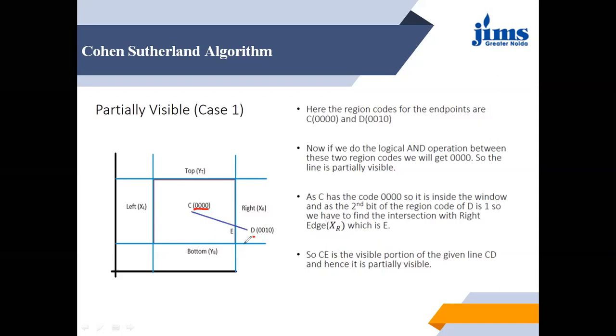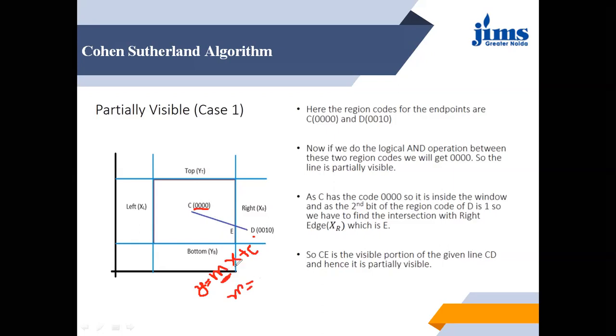by using the general equation of a line, that is y equals mx plus c. As I know both the coordinates in the starting, that is the values of C and D, by using these values I can find out the value of m, that is m equals y2 minus y1 upon x2 minus x1.